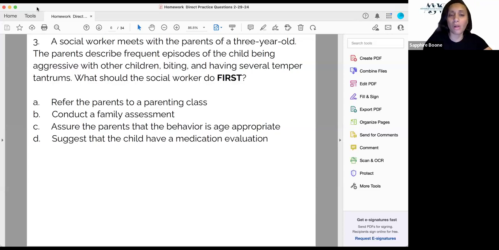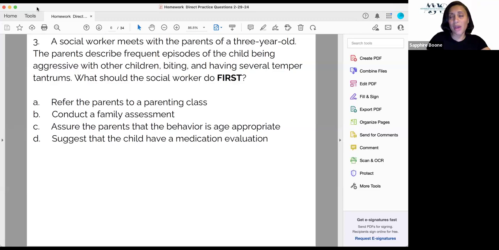But having all of those together, we just want to see, is there something happening, right? We have to assess to see if there's any environmental changes happening. We want to assess before we say, okay, there's nothing wrong, right? So C is out, A is out. So B and D are both assessment.